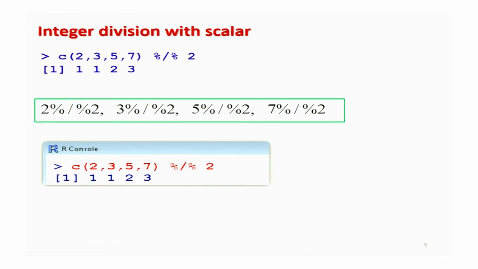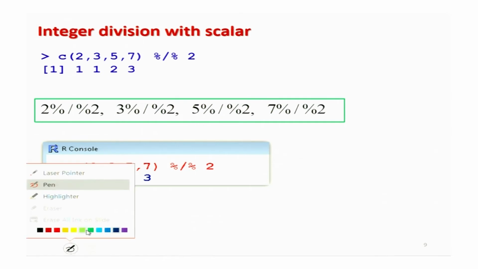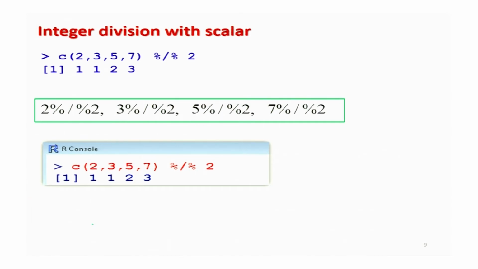And similarly, if you try to do this integer division, when you choose one as a data vector and another as a scalar, the same thing will happen as in the earlier operations, just like addition, subtraction, division, multiplication: this operator will operate on each of the values 2, 3, 5 and 7. So this will be 2 integer division by 2, 3 integer division by 2, 5 integer division by 2 and 7 integer division by 2.